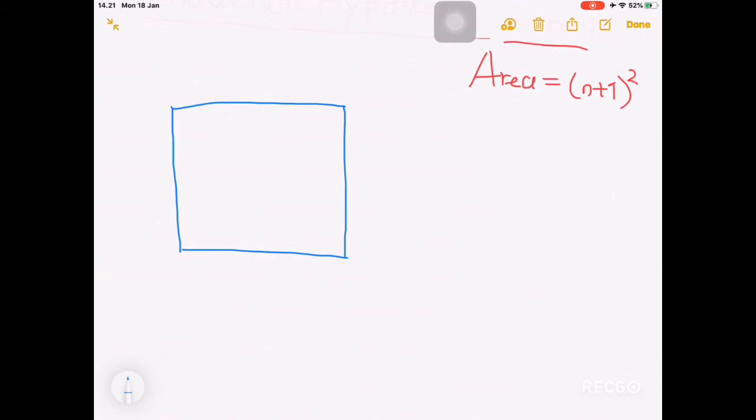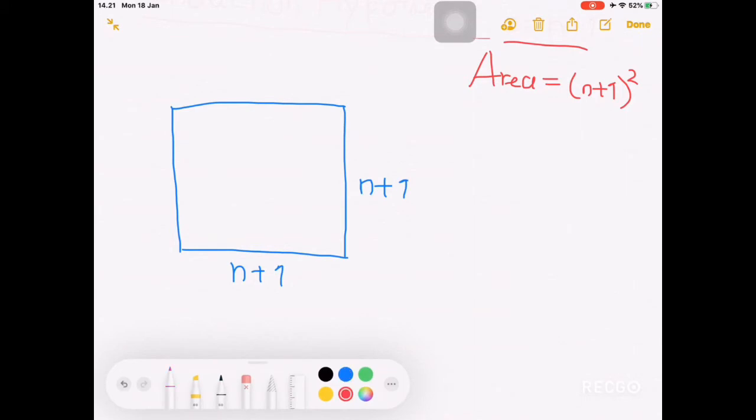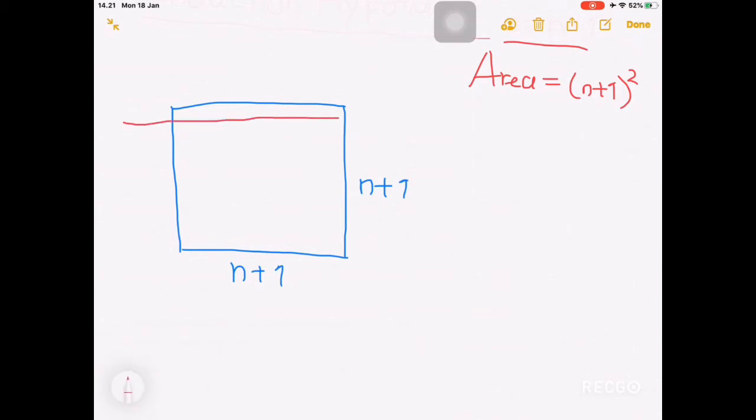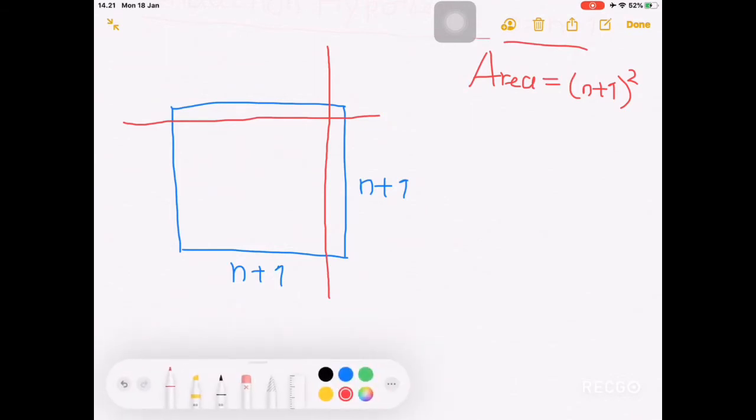So we have our side lengths n plus 1 and n plus 1. Now I'm going to cut a part out of this square like so, and then do another one right here, such that this length right here is 1, and the same thing right here.